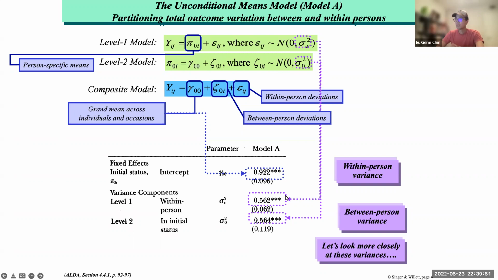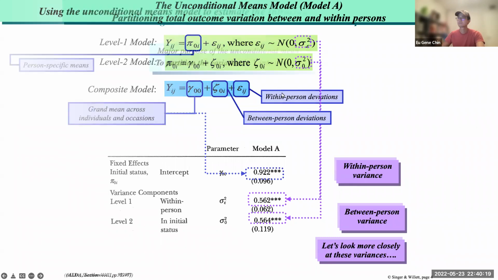So we've got the within person variance and the between person variance. Let's take a closer look at these two variances, keeping in mind that sigma subscript epsilon represents the variation that is unexplained by your level 1 submodel, and sigma subscript 0 represents the variation in your level 2 submodel that is not accounted for.